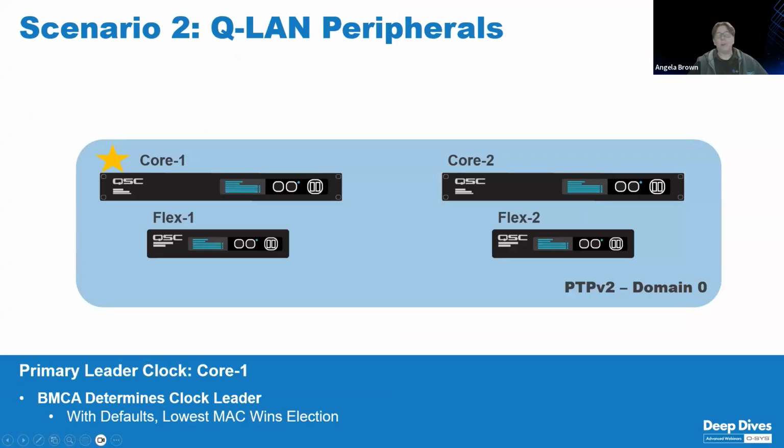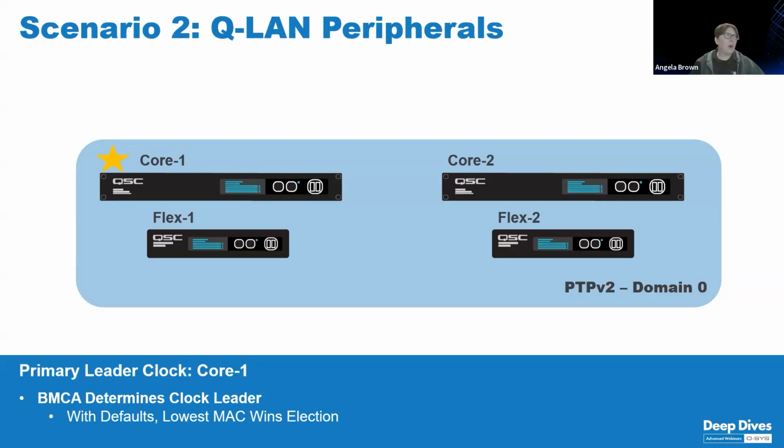If you have these 4 devices and you just throw them on the network, how do we elect a clock leader? How do we figure out who's going to be the grandmaster clock in this situation? When all of the different algorithm components match, the lowest MAC address is going to win the clock election.